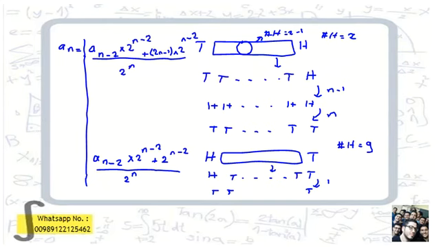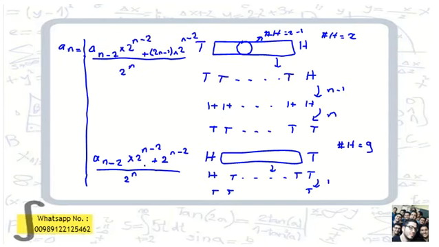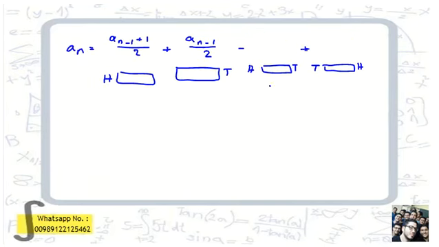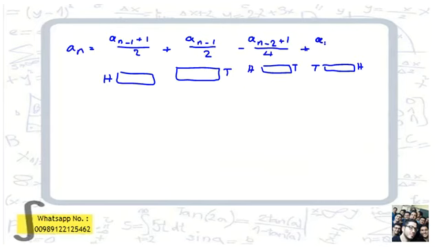And now let's consider subtracting h and t. a_{n-2} over 4 plus 1 over 4. And the next one is a_{n-2} over 4 plus (2n minus 1) over 4.